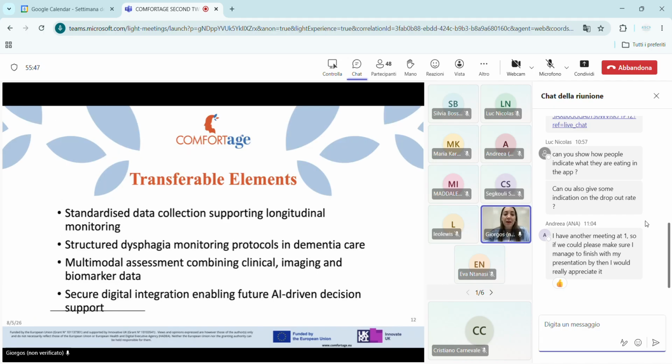Now, the transferable elements: we have the standardized data collection supporting longitudinal monitoring, the structured dysphagia monitoring protocols for dementia care, and the multimodal assessment which combines clinical, imaging, and biomarker data. This will lead to a secure digital integration and enable future AI-driven decision support.